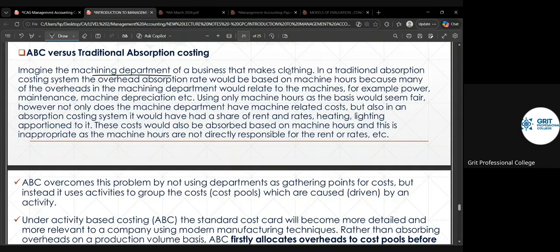And they make clothes in there. If the company was operating the traditional costing system, then the overhead absorption rate that will be used to charge. So today, the question I asked you, I'll give you the answer later. So you can even find your answer here and you know whether you got it right or wrong.